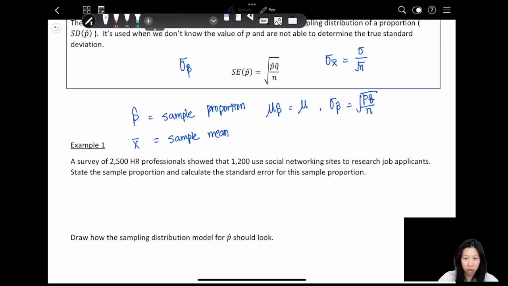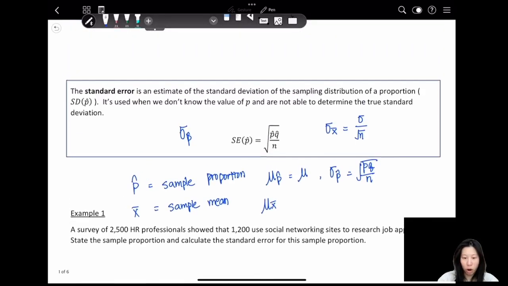Whereas for the sample mean x bar, the average of the sample mean is mu x bar, which equals the population mean, and the standard deviation, sigma x bar, equals the population standard deviation divided by the square root of n.